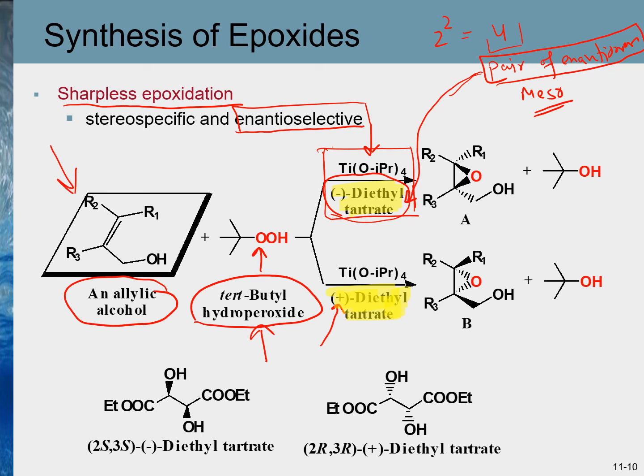So depending on what enantiomer of diethyl tartrate is being used, we can control the chirality of our product. If negative diethyl tartrate is used, then product A epoxide is obtained, and if we use a positive diethyl tartrate, then the epoxide B will be obtained. The structures of diethyl tartrate enantiomers are shown here.